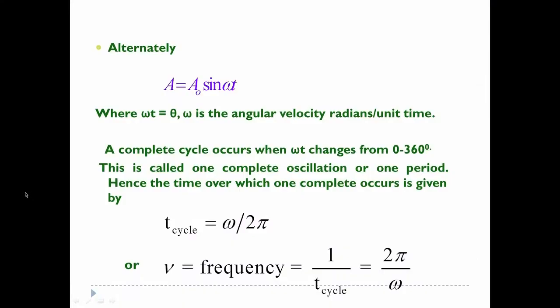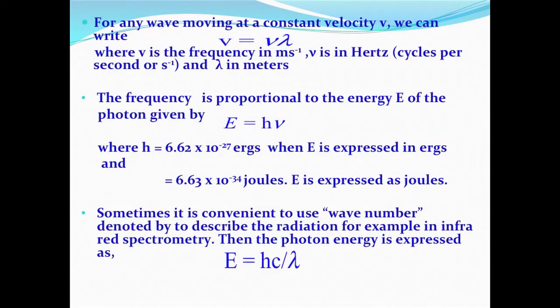So, one full crest and one full trough together represent a waveform. A complete cycle is what we mean, and that is related to frequency. That cycle is described by omega by 2 pi, where 2 pi is one full circle and nu is the frequency. Frequency is given by 1 over T, that is, omega by 2 pi. What is omega? Omega is the angular velocity, radians per unit time.